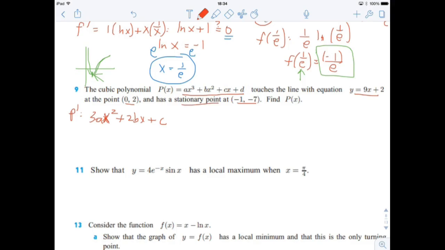So we know that if we put -1 in for x here, we get 0. Plus, we also know that p will be -7 when we put -1 in.